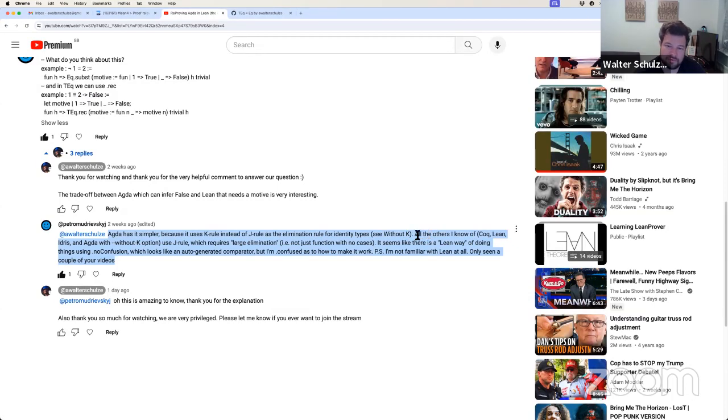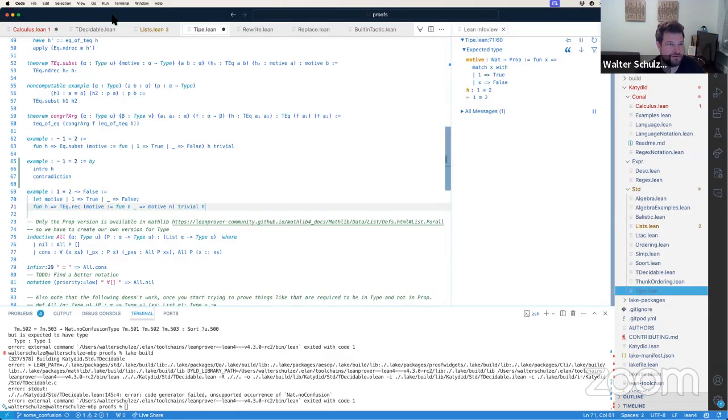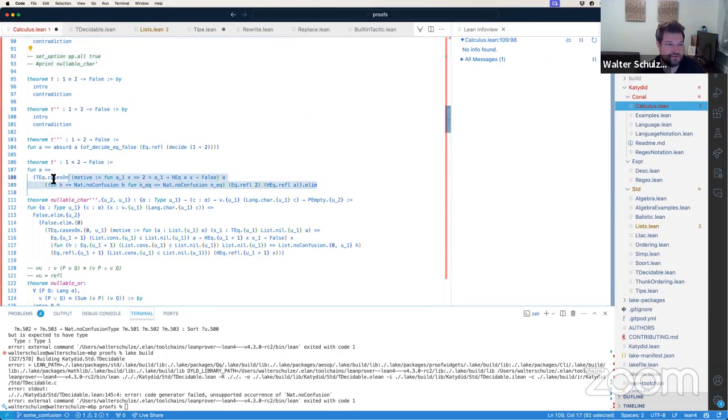But all others that I know of, Coq, Lean, Idris, and Agda using the without-K option, use the J rule, which requires large elimination, not just functions with no cases. And it seems like there is a Lean way of doing things using no confusion. So that's the code we had here, which hopefully has a simpler way to use no confusion that we don't know.